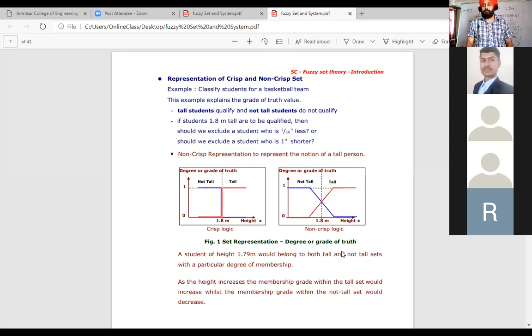Means if any person has a height of 1.79 meter, he will not be considered tall according to the crisp set because his membership will be 0.